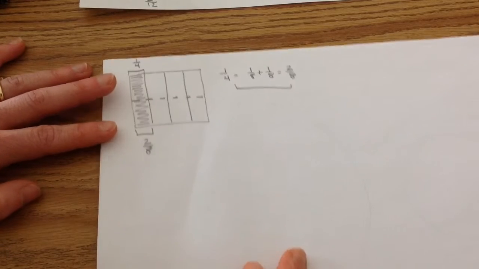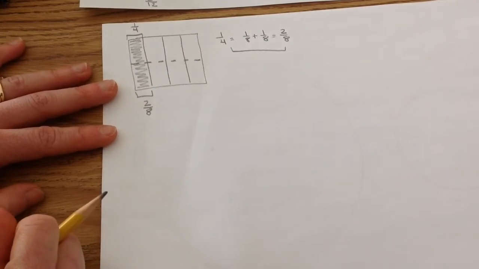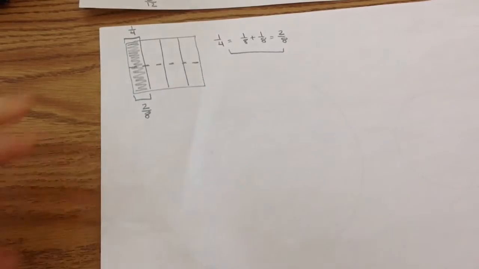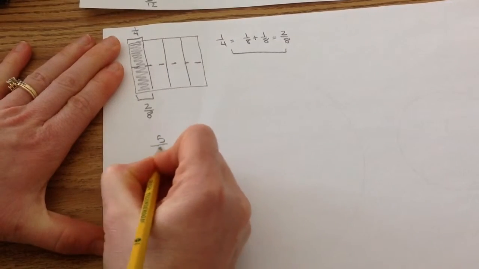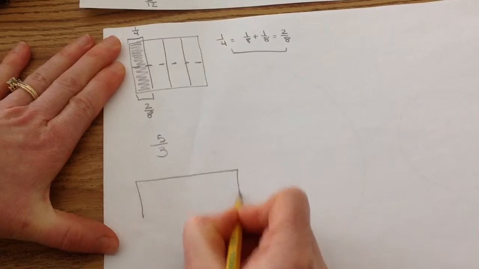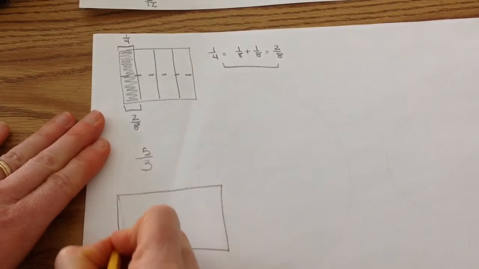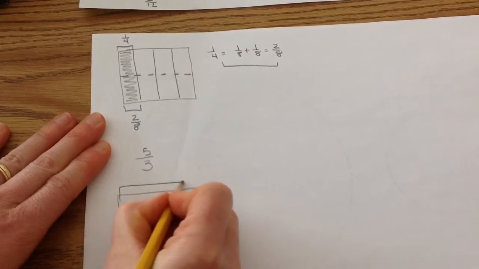All right, the last thing we're going to do is, how in heaven's name do we model 5/3? So here's how we would model 5/3. I want everyone to draw an area model. And this time, what I'd like you to do is represent just part of it as a whole.